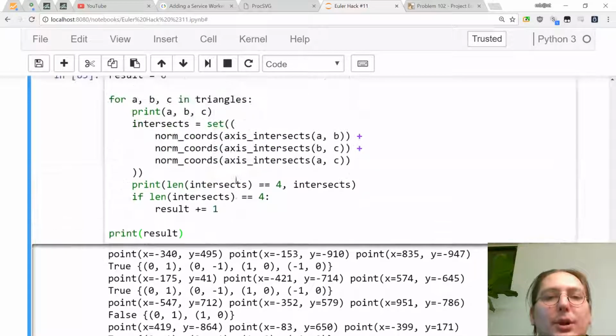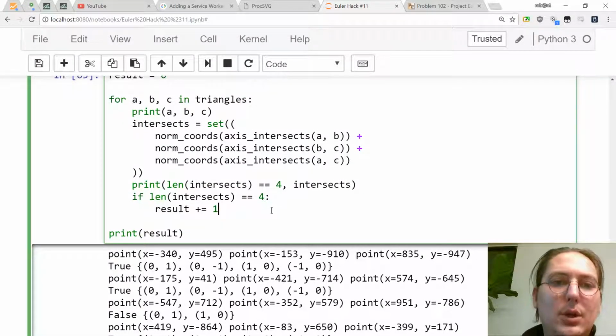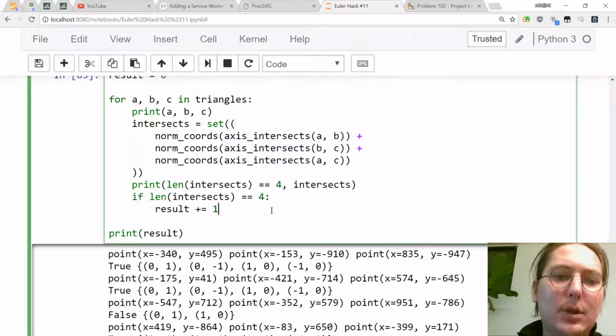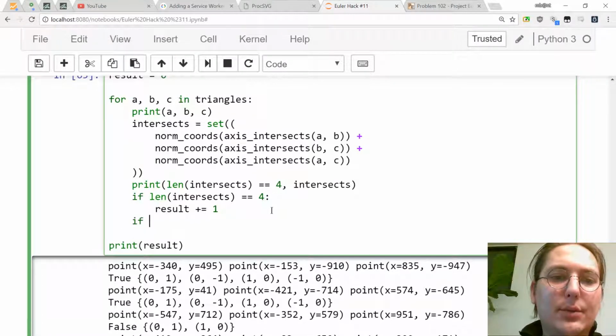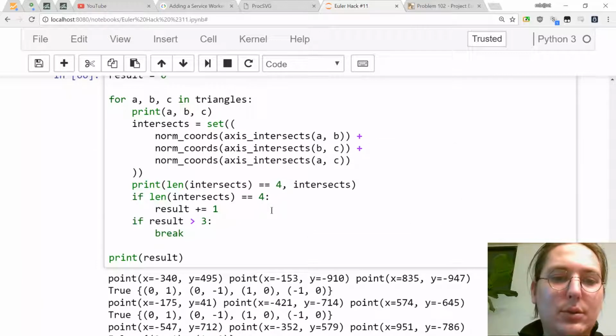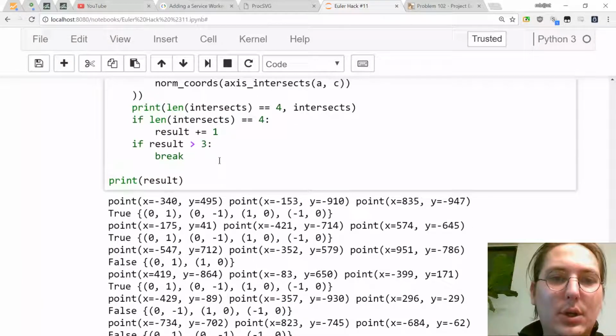Well, I guess we can look at the intersects for the individual ones. So if the result is greater, we break, just so we have less noise.